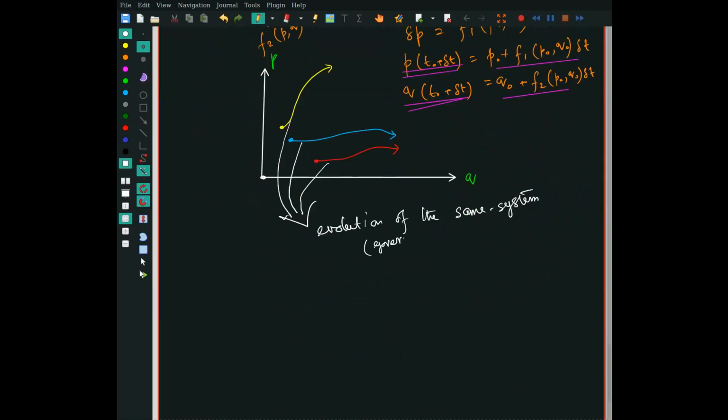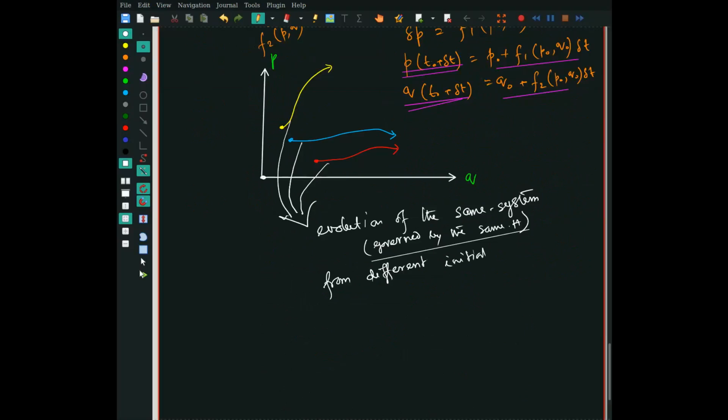So all the systems are governed by the same Hamiltonian from different initial conditions. Okay, so they look different because they started off from a different phase space point at t equals 0. So these different initial conditions mean different starting points. So the same system had different starting points.